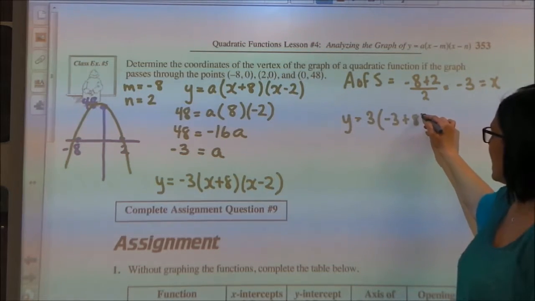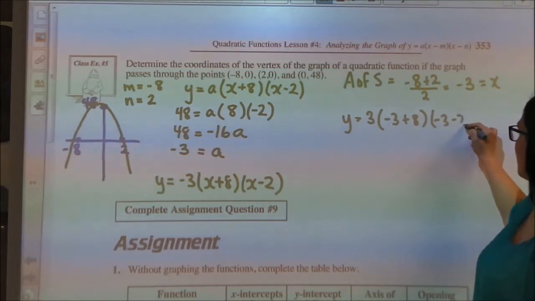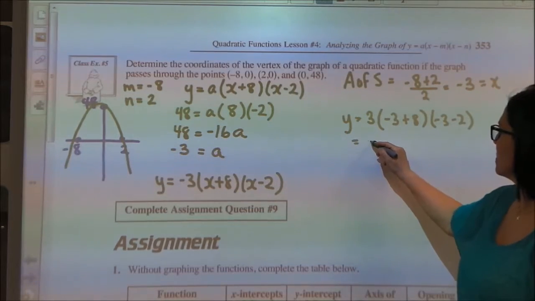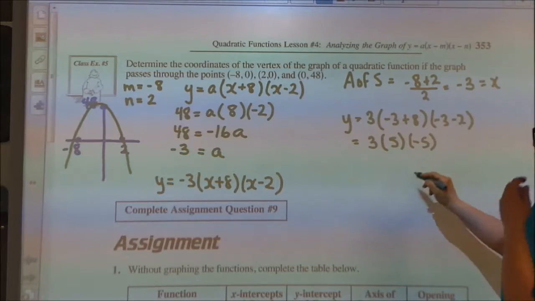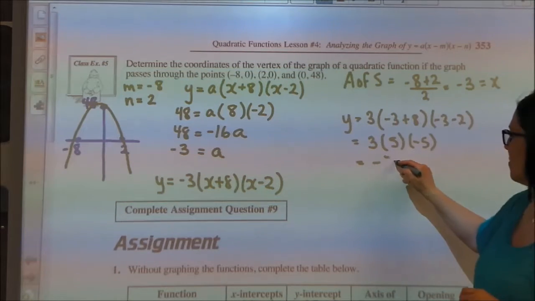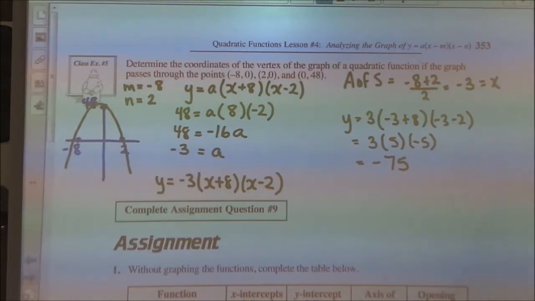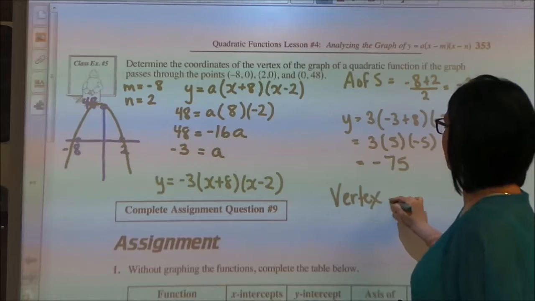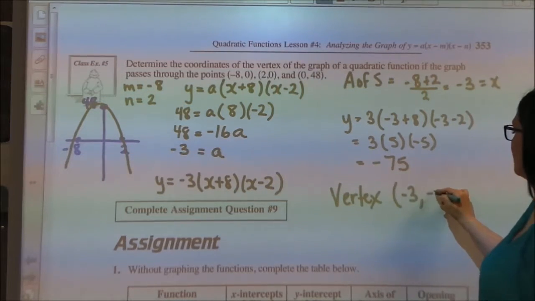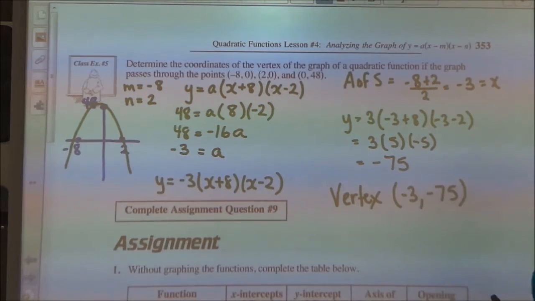Negative 3 times (negative 3 plus 8) times (negative 3 minus 2). So this is 5, negative 5, and I get negative 75. So then my vertex is (negative 3, negative 75).